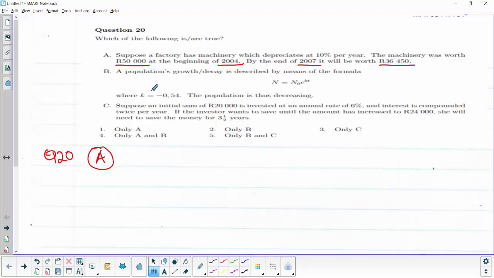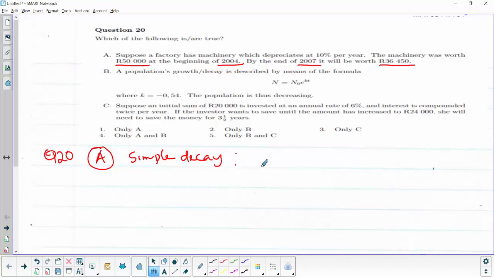We also have two types of decay or depreciation: either simple decay or compound decay. So which means you are going to use both to ascertain whether this statement is right or not. So firstly, let us use simple decay, or simple depreciation.